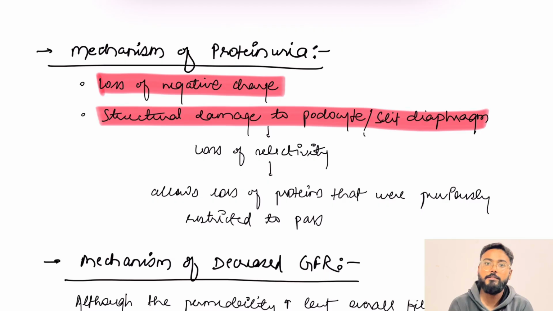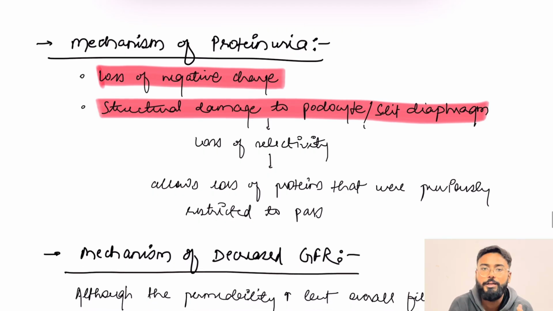Now, what is the mechanism of proteinuria? What is the actual damage that is going to cause protein to leak out from the glomerulus into the urine, into the filtrate?